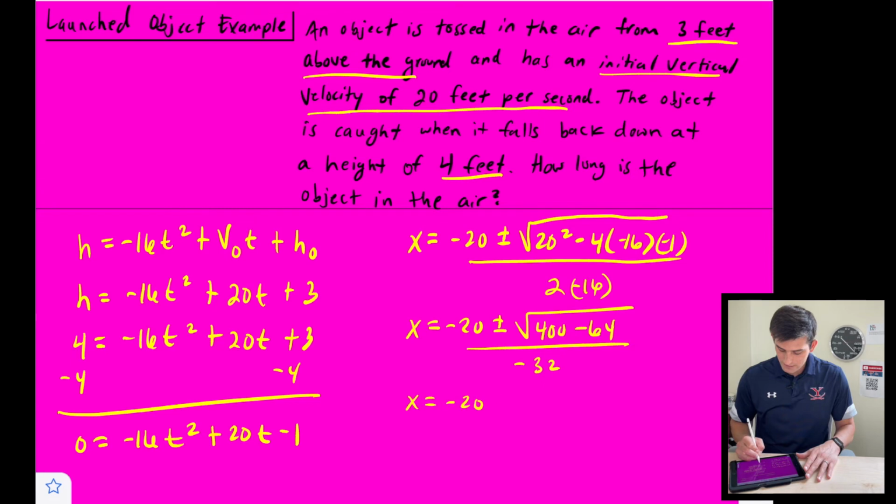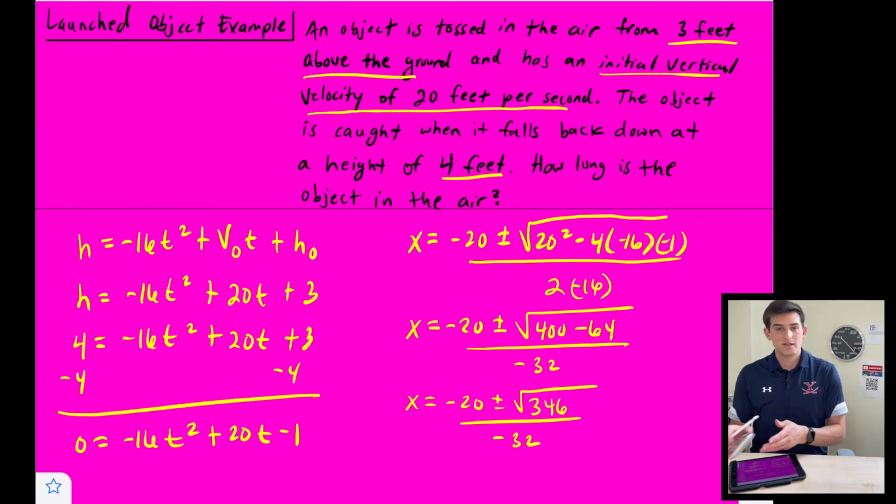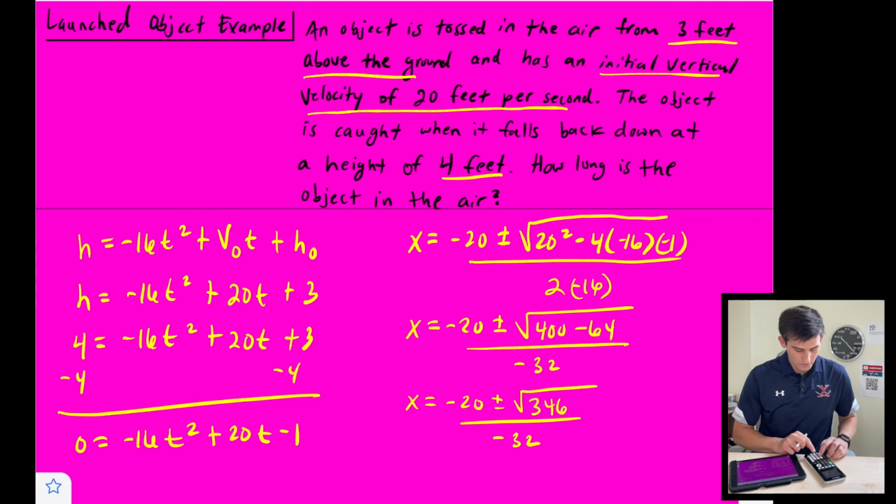So x equals negative 20 plus or minus the square root of 336 divided by negative 32. So now let's just plug this in our calculator. So let's do negative 20 plus the square root of 336 and divide that by negative 32.